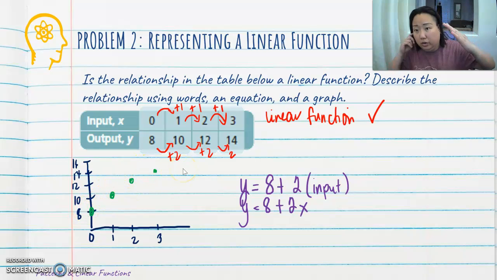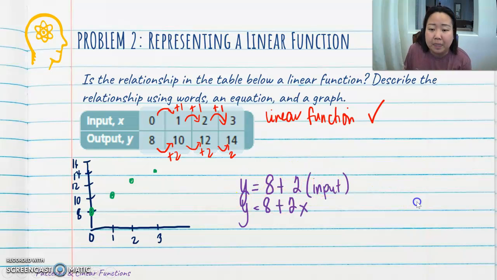It's a steady increase by 2. Every time, your y is simply adding 8 to twice whatever the input is. And so our equation is 8 plus 2x, or you can have it as 2x plus 8.